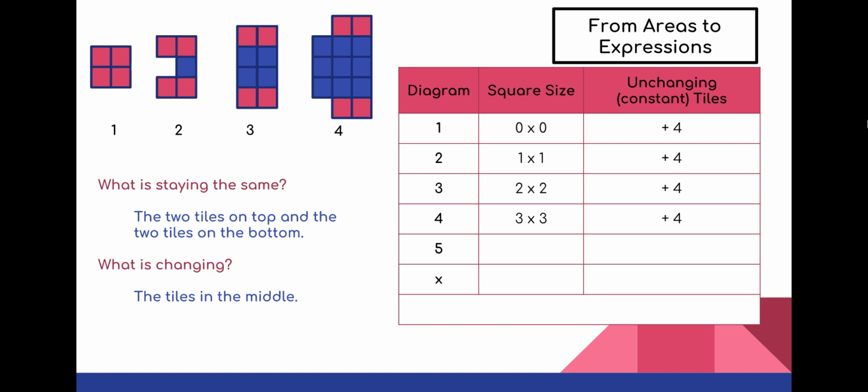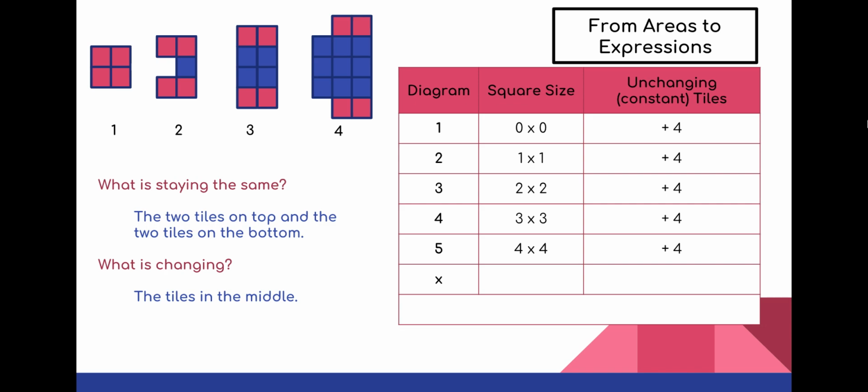By going backwards, we reveal that the square in stage 1 is actually 0 by 0, because that fits into the pattern that we're already seeing, and that there are 2 pairs of unchanging or constant tiles. From here, we can ask students to tell us what stage 5 should be. They're likely going to pick up that it's going to be 4 by 4 with a constant unchanging 4 tiles.